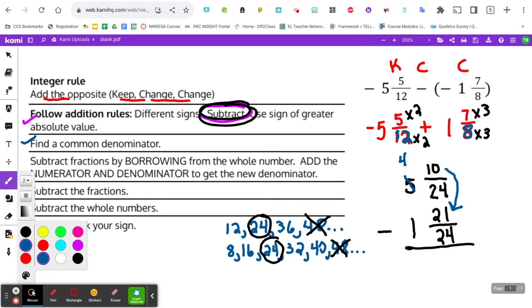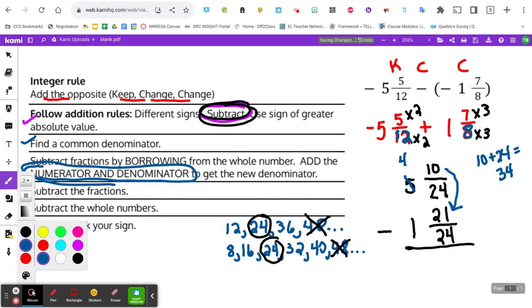So what do we do? Please remember, when we're talking about fractions and we borrow, we have to add the numerator and the denominator. So I'm going to add that 10 in the numerator to the 24 in the denominator. My new numerator is going to be 34.